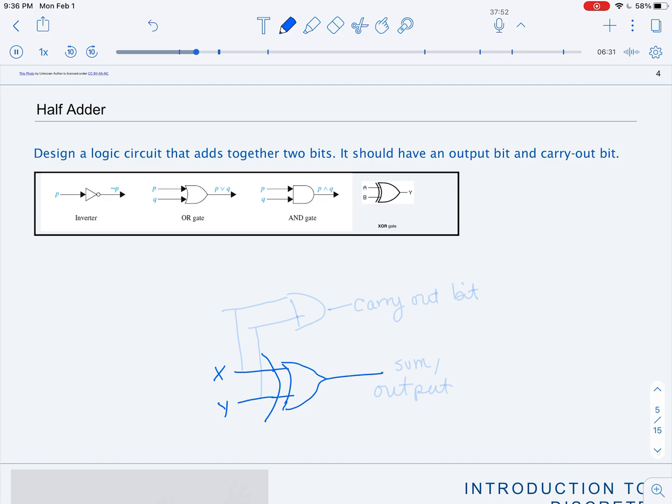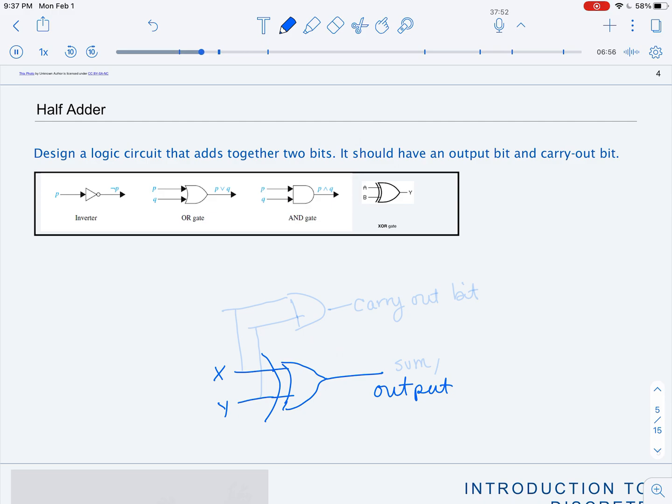But now I have to worry about the bit that is going to be the carry out bit. So now I have to think about what should happen in terms of whether there should be a bit carried over. If both X and Y are 0, then there's no carry out bit.